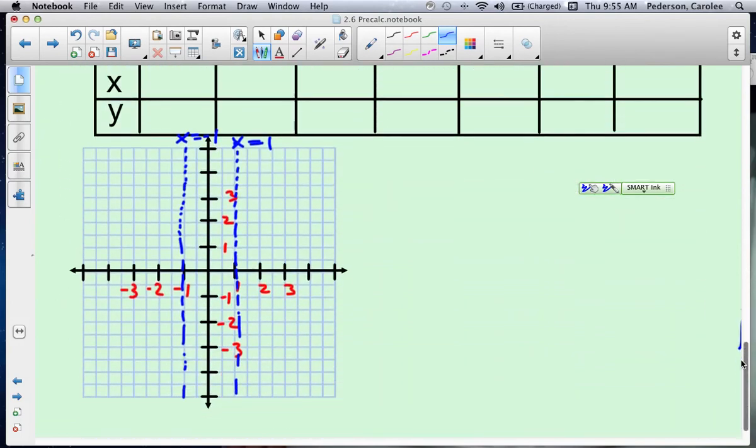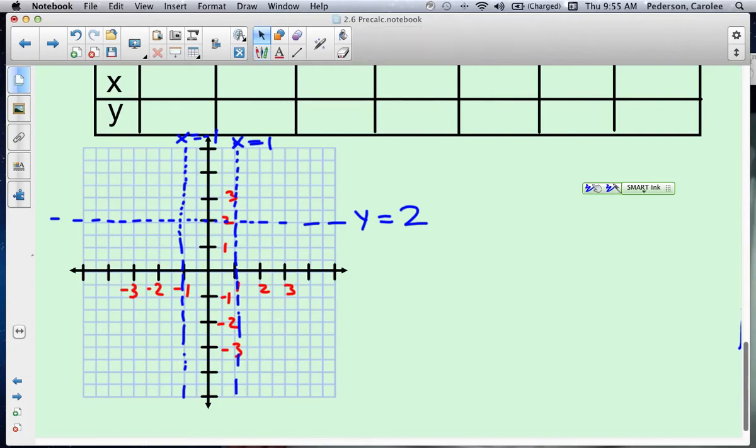So then we go up on the y-axis, 2 units, draw a horizontal line, identify that as y equals 2. Then I had some intercepts going on. What was the x-intercept? 0, 0. Where was the y-intercept? 0, 0.